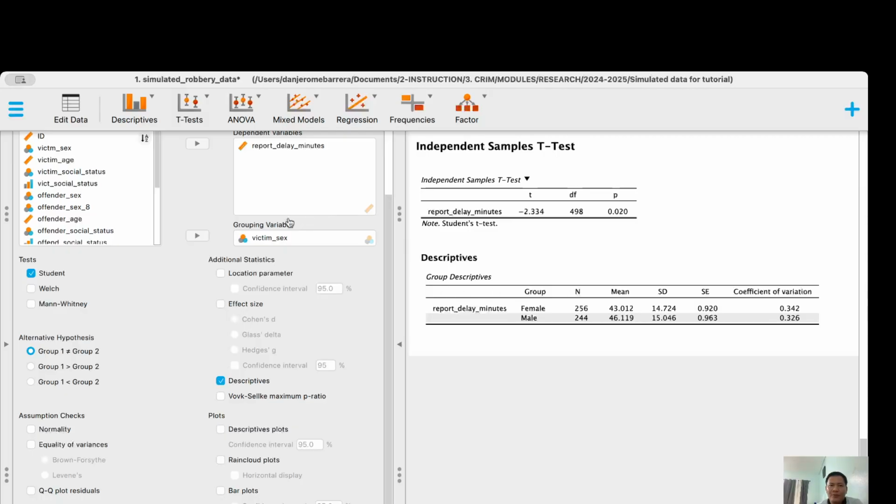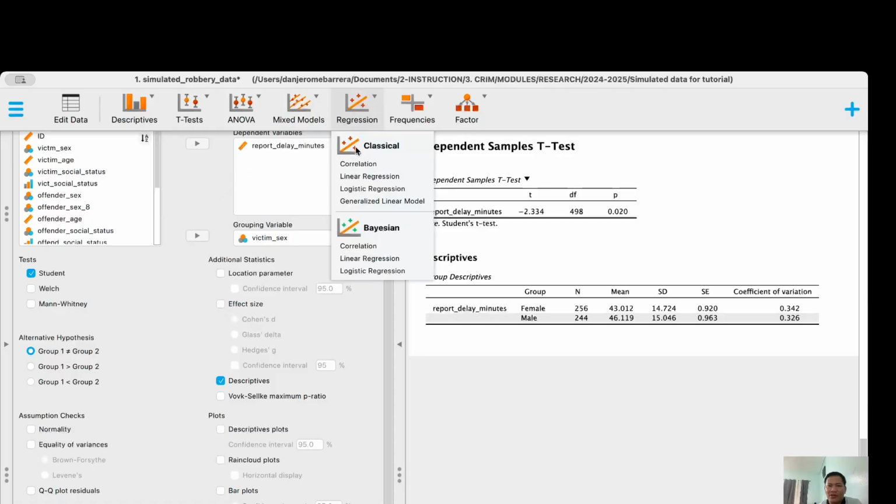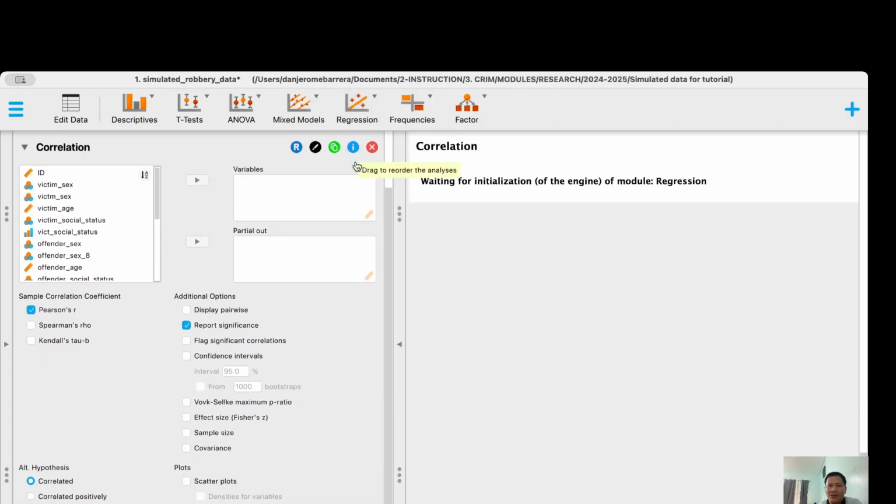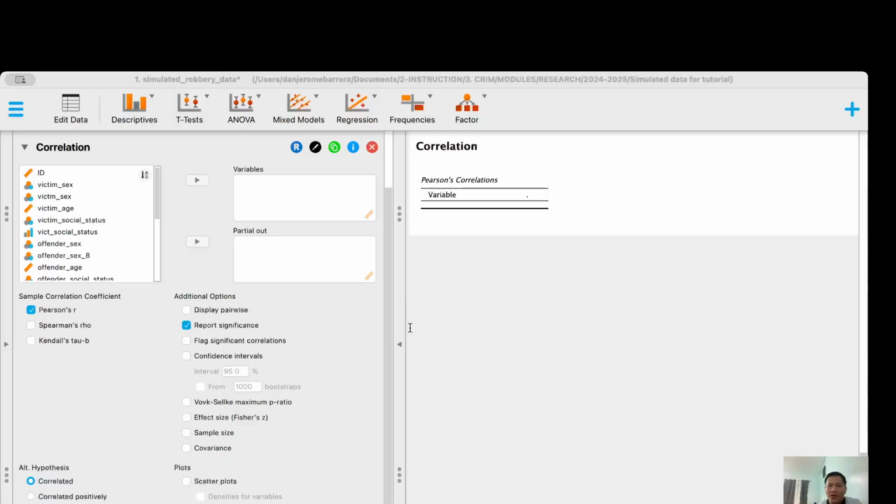Now let's go to Pearson correlation. For Pearson correlation, we are trying to correlate victim's age and crime reporting delays. So let's go to correlation. Where can we find correlation? Let's go to regression, choose correlation, then the variables that we are trying to correlate are both continuous: victim's age and reporting delays.